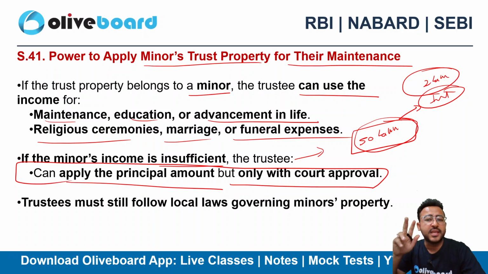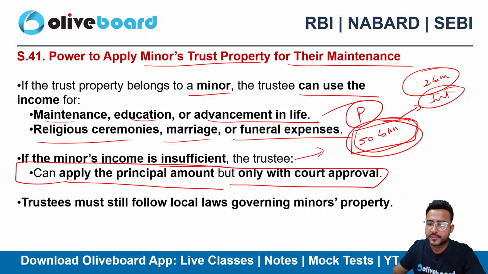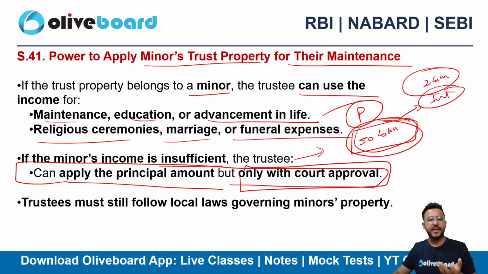Now the trustee can use this 2 lakh for the benefit of minor, for the maintenance, for his education, for advancement of his life, right? Like that. He can also use this principal amount of 50 lakh rupee for the benefit of the minor, but only with the court approval. यार principal use कर लोगे तो फिर बचेगा ही क्या trust में, right? So that's why court का approval is must here.